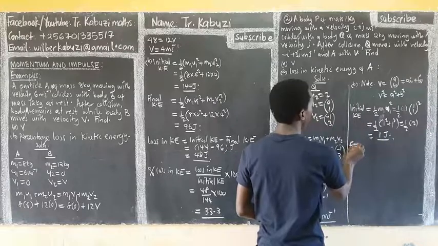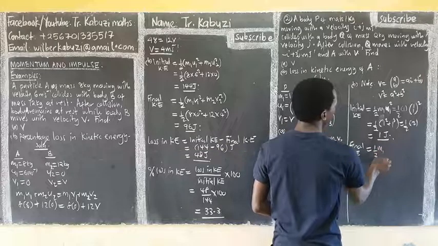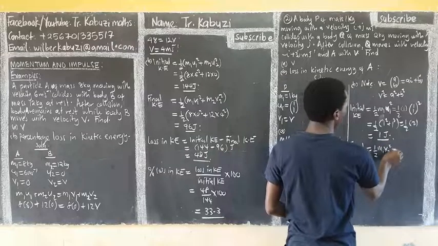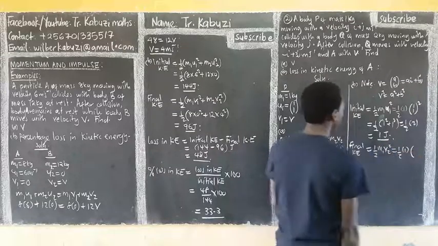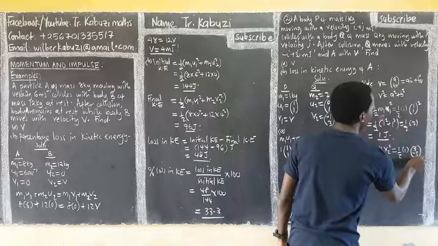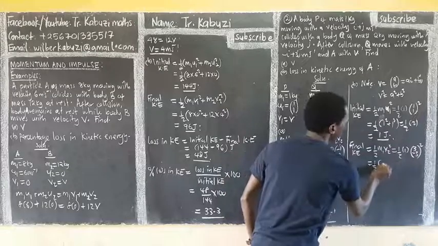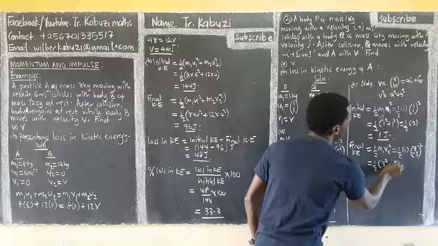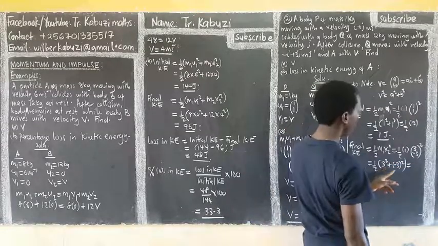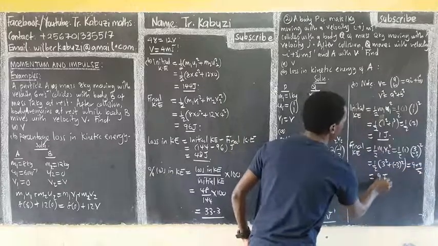Then our final KE is a half m1 v squared, which is a half into 1, and v is (3, -3), so we square it: 3 squared plus negative 3 squared, which is 9 plus 9, over 2, giving us 9 joules.